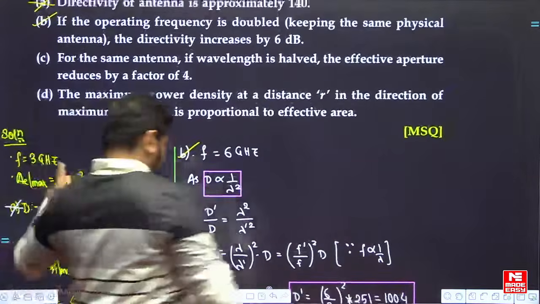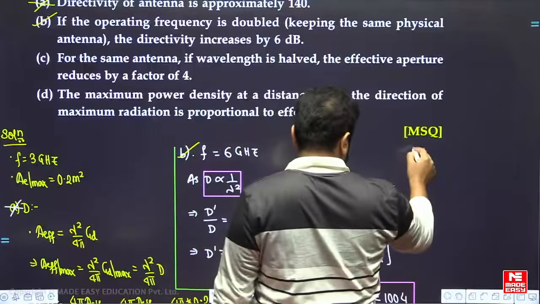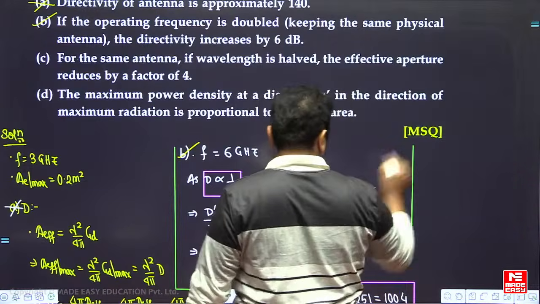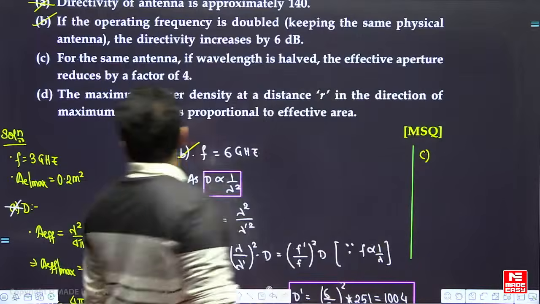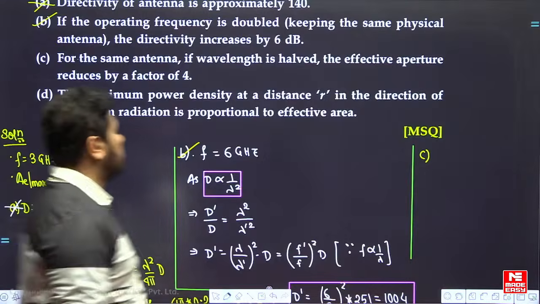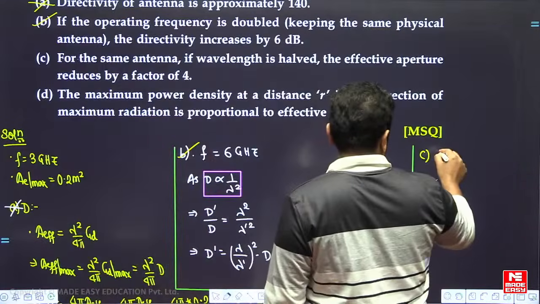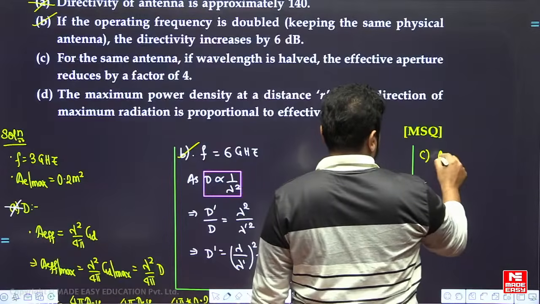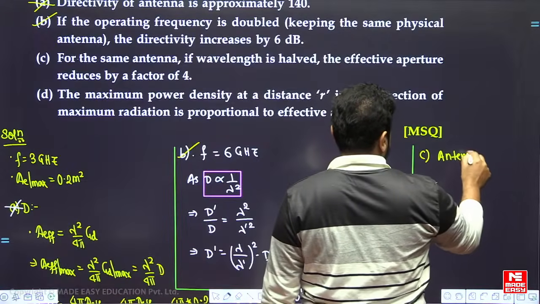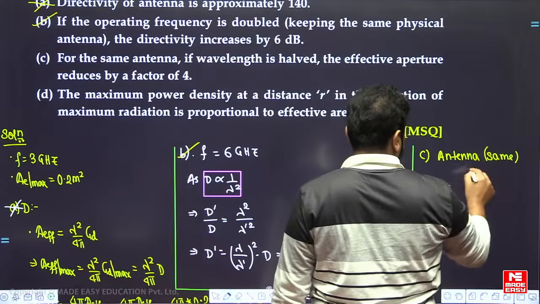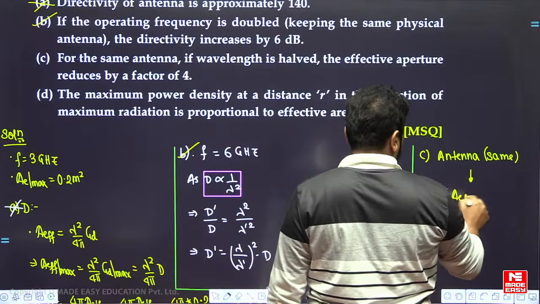Next, C option. Option C. For the same antenna, if the wavelength is halved, the effective aperture reduces by a factor of 4. So effective area, right. Now we know that if antenna is same, it means that its effective area will also be same.